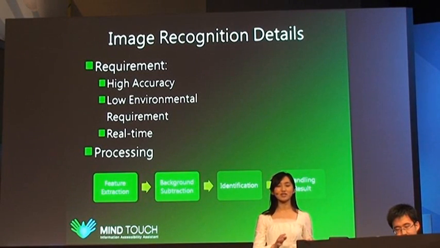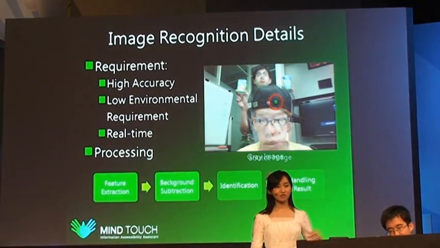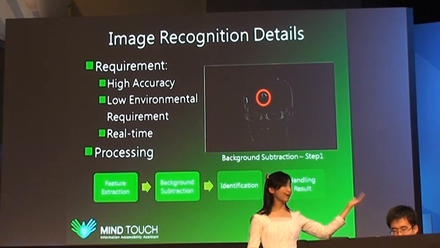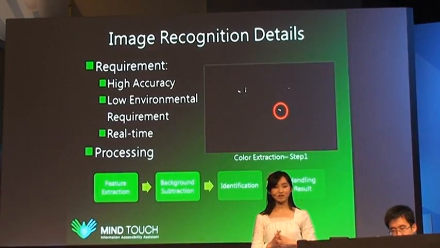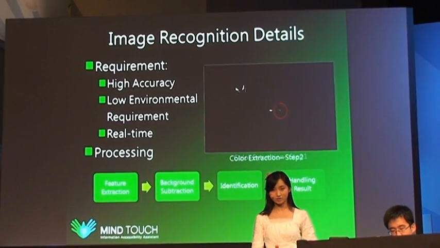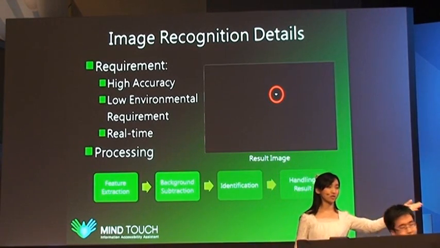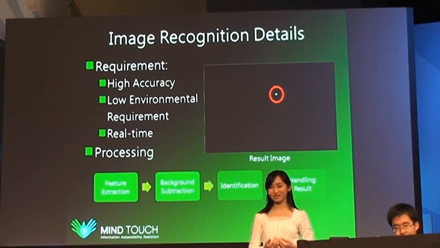So we designed the process as follows. First, we get the source image, and then the green image, because we use frame subtraction and a binary image with several image processing methods and HSV channel split. Finally, we get the result, and we get the position of the cube on screen. This is how our system works.